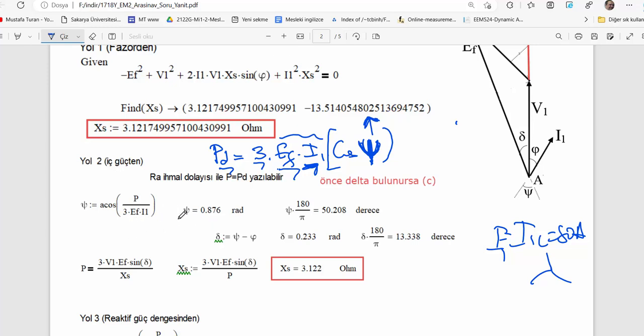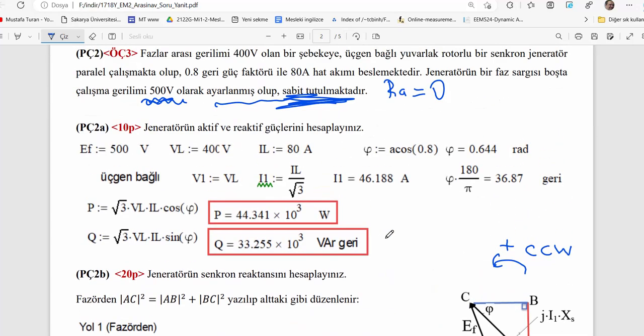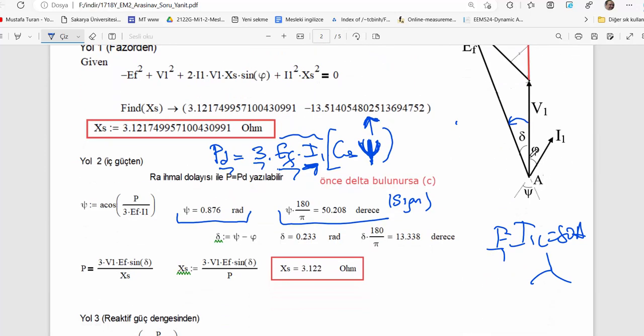I have calculated psi in radians or degrees, but I don't deal with the sign of psi. Let's check it out. What does psi mean? The machine is operated as a generator, so delta is positive. That is the counterclockwise rotation, which is positive rotation. And in the question, the current was lagging. Here is a negative phase displacement.